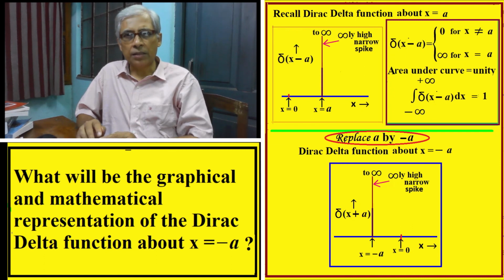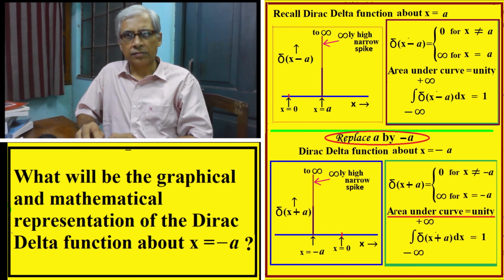We have located the point x equal to minus a, and it is at this point where the Dirac delta x plus a would be infinity. So we have an infinite spike there, that is at x equal to minus a. Now, the mathematical representation is shown in the green box.